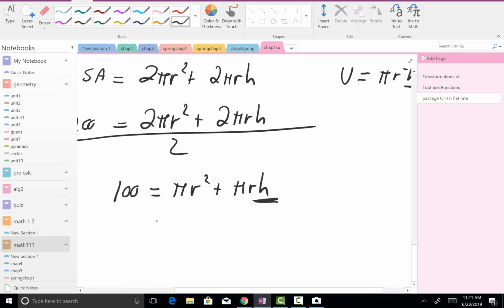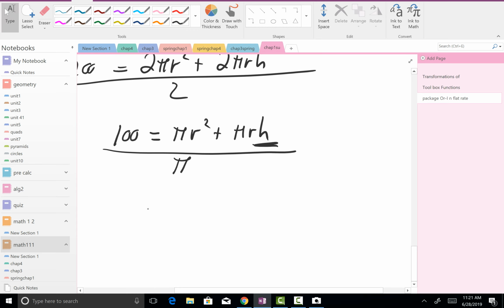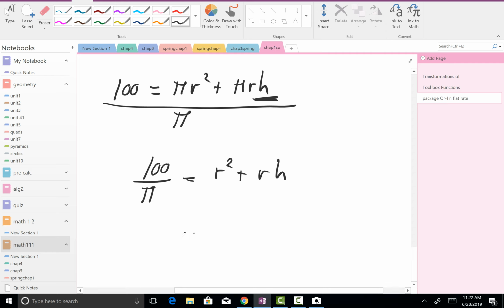So let's do that. So here we can get rid of the pi's also. Like that. So it's getting a little bit simpler. Then I can also take this and get rid of one of the r's, right?